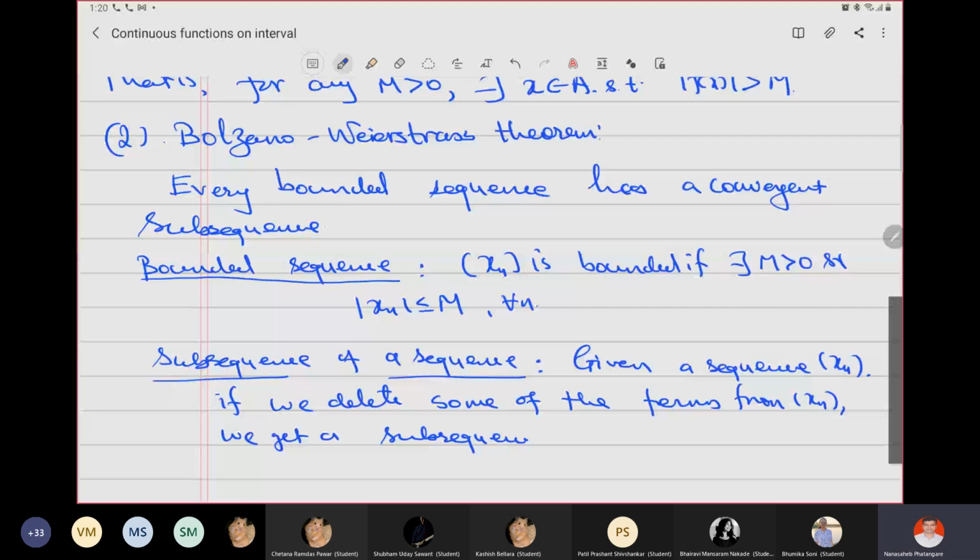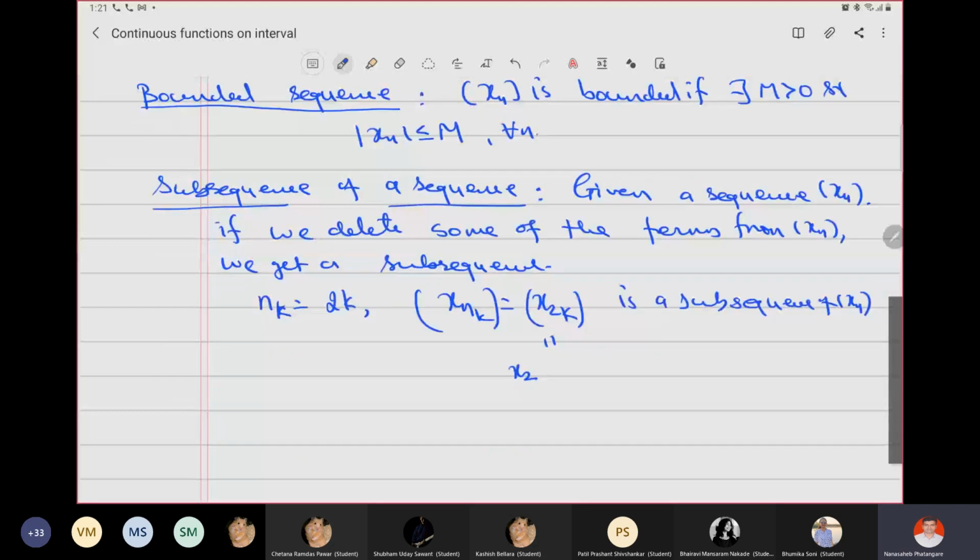So, for example, if nk is equal to 2k, then xnk is x2k, a subsequence of xn. The terms of the subsequence are x2, x4, x6, x8, and so on.